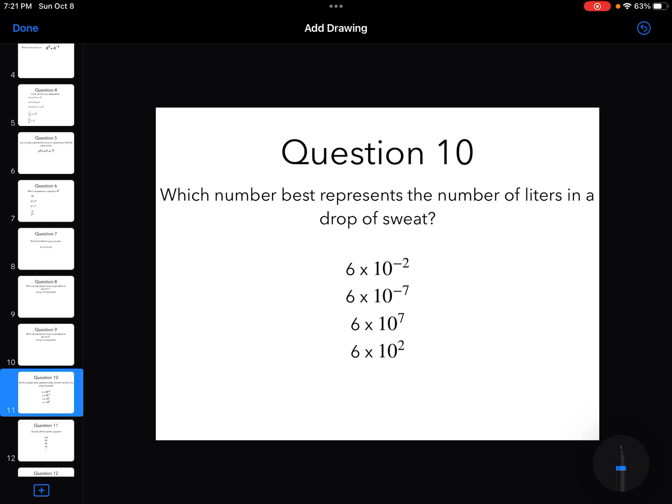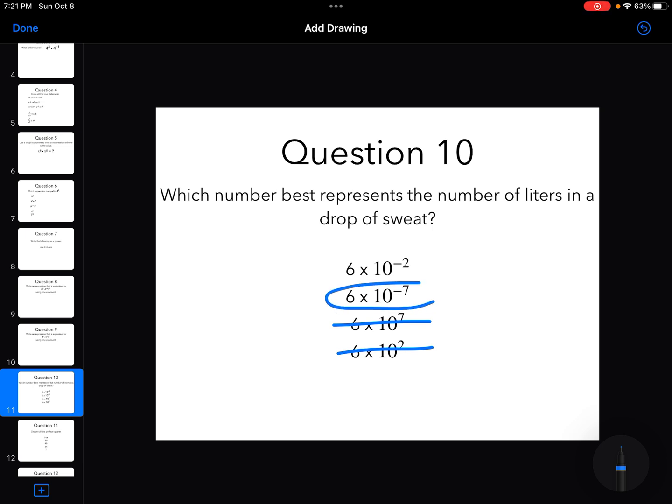All right, which number best represents the number of liters in a drop of sweat? Okay, drop of sweat. So I know it's not going to be a positive, so it's got to be one of the negatives. Then when I think about the number of liters, a liter is a pretty big thing, like a liter of pop, like a liter of a drink.